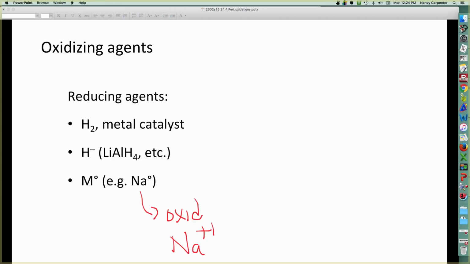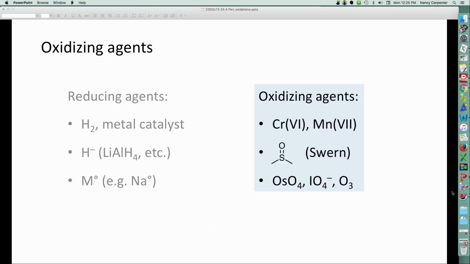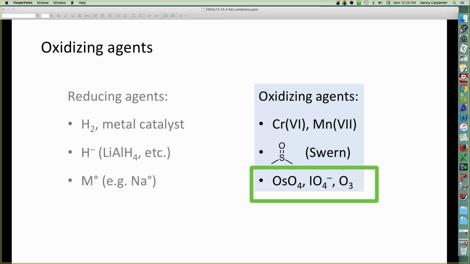So reducing agents like to be oxidized. Well, what does that mean about oxidizing agents? They like to be reduced. So just as we can look at reducing agents and see, woohoo, we're adding hydrogens, with oxidizing agents, look at all those oxygens. That's a dead giveaway that it's a good oxidizing agent.